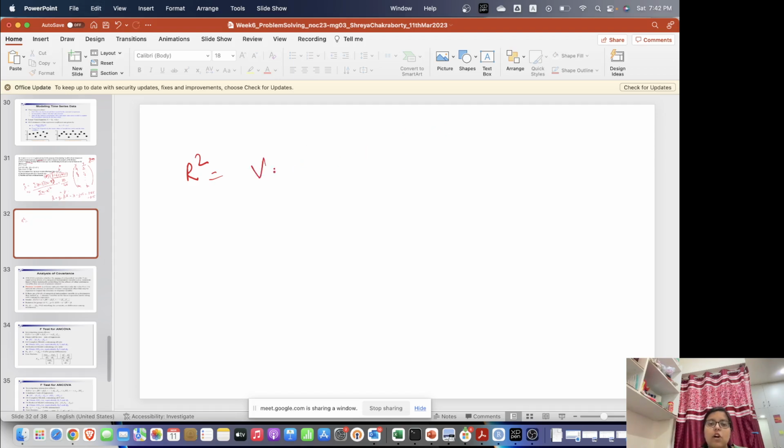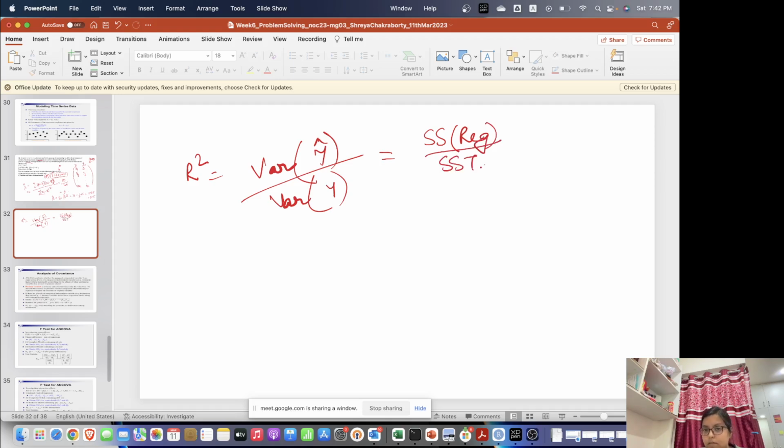This is the ratio of the variance of y hat divided by the variance of observed y. Now this can be written as sum of squares due to regression by total sum of squares.